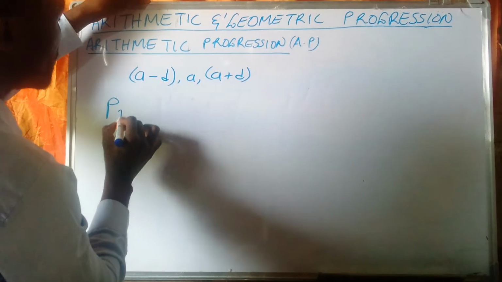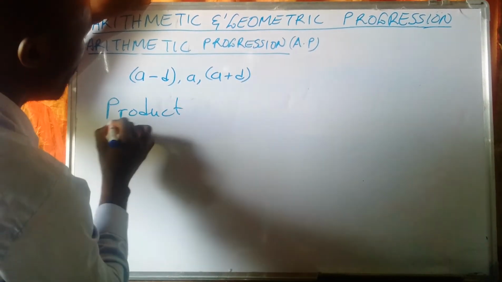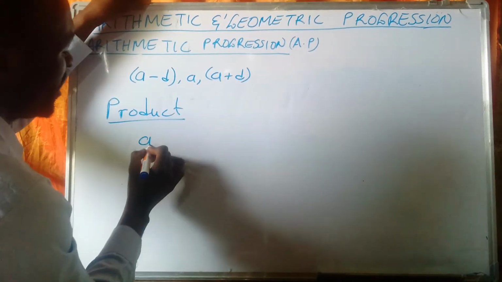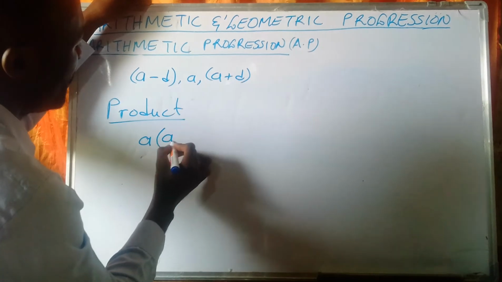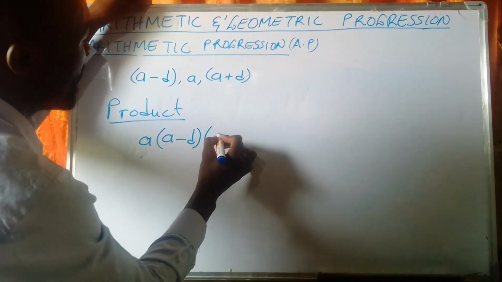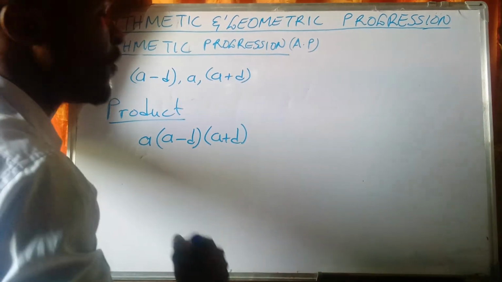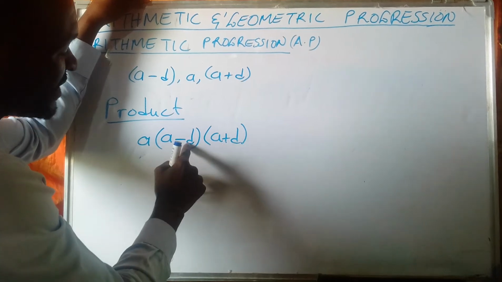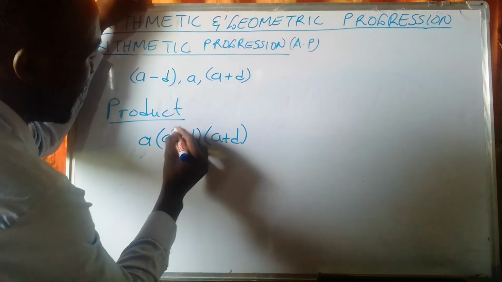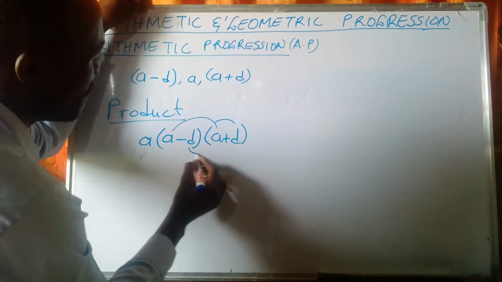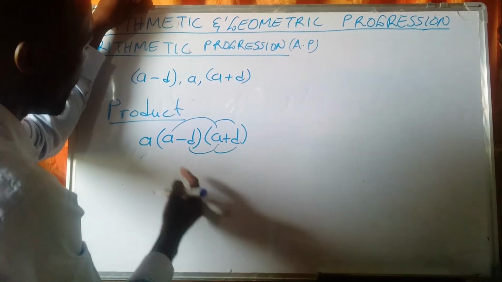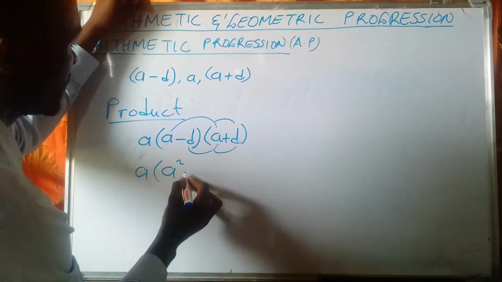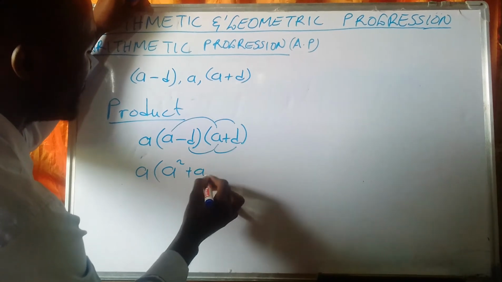Now, if we are talking about the product of the consecutive terms given, for the product you take A here, then open bracket A minus D, multiplied by A plus D. What you are going to do is multiply A with A plus D, and negative D with A plus D. A times A is A squared, then A times D is plus AD.